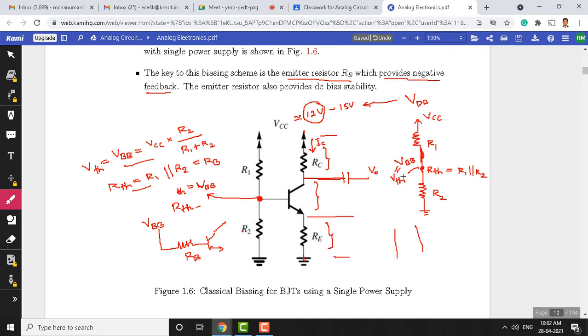The voltage across R2, or VBB or V Thevenin, is equal to the supply voltage VCC times the resistor value R2, divided by R1 plus R2. That's how we can calculate the voltage at this point, before RTH.